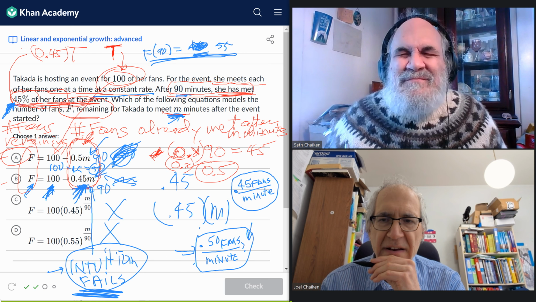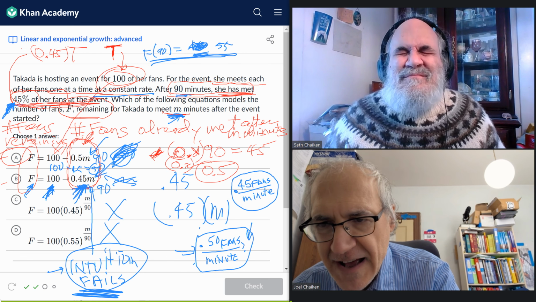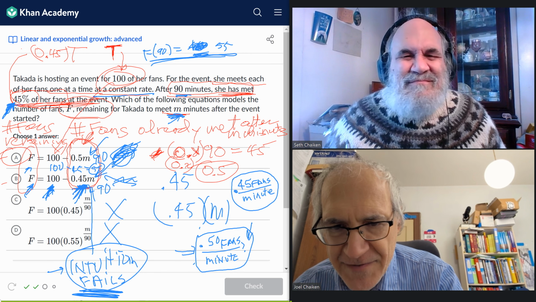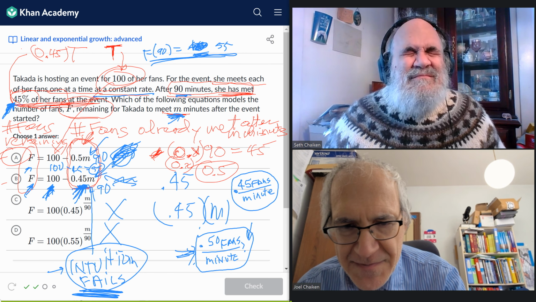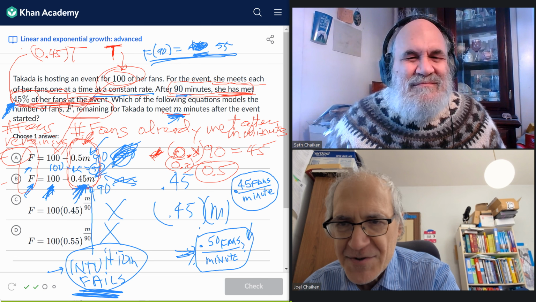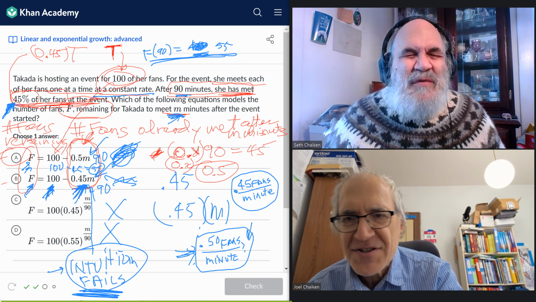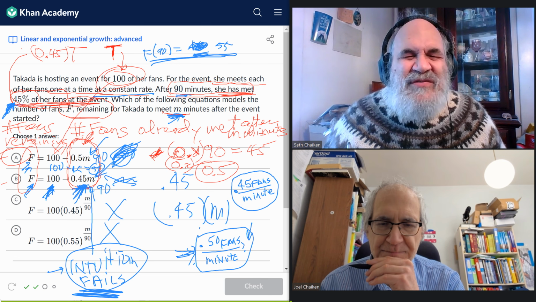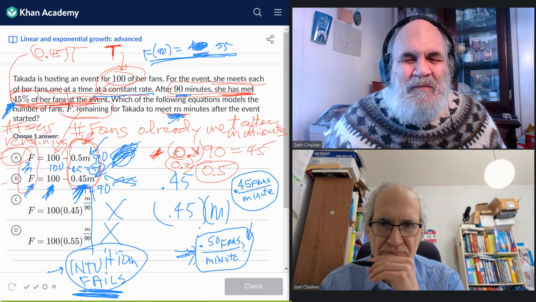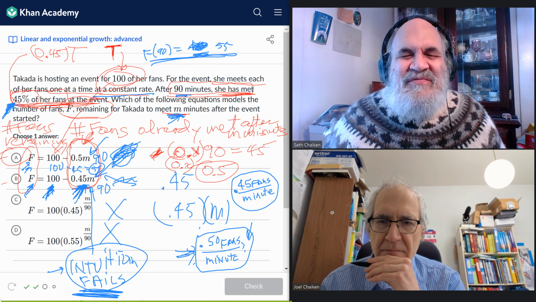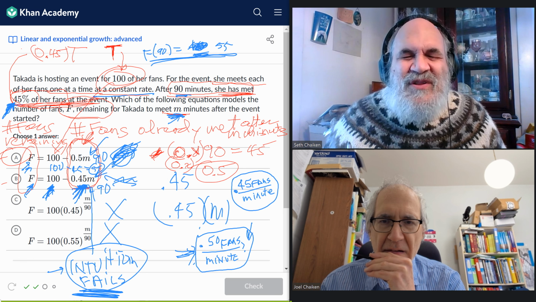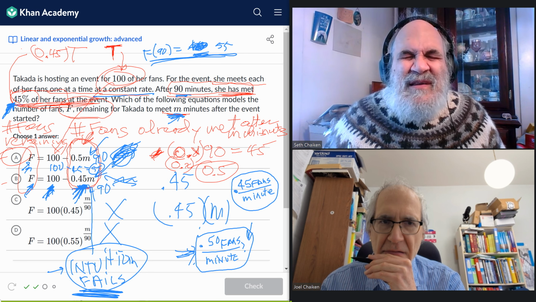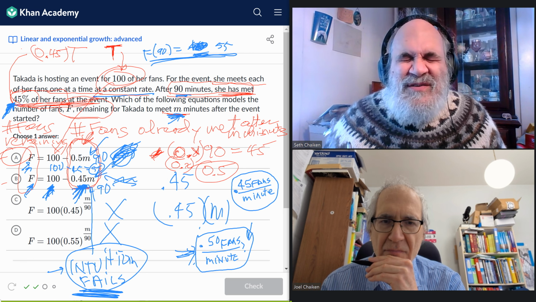No, but for the units to work out, the units of 0.5 have to be fans per minute, because we agree F is not 0.5. But because the number of fans is 100, the percentage of fans is equal to the number of fans in each of these occurrences.